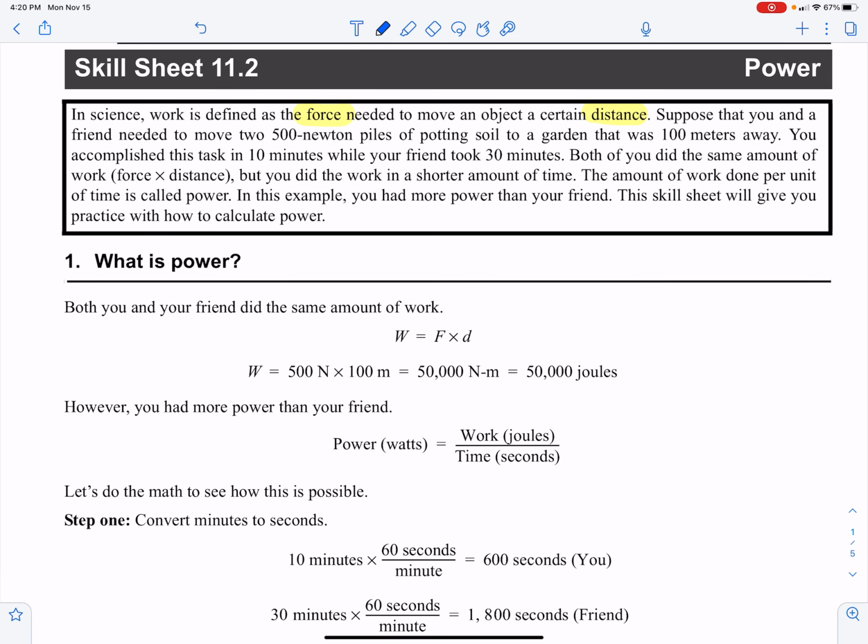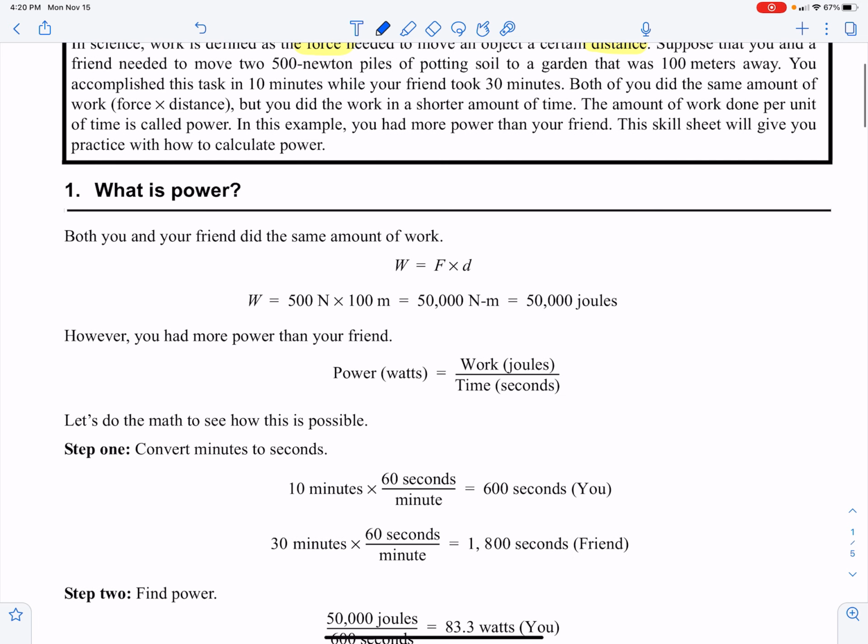Okay, let's take a look at the example so far. Both you and your friend pushed with 500 newtons for 100 meters and did 50,000 joules of work. Same force applied over the same distance. However, you did yours in less time. So the first thing we need to do is make sure we convert the time to a proper unit of seconds.